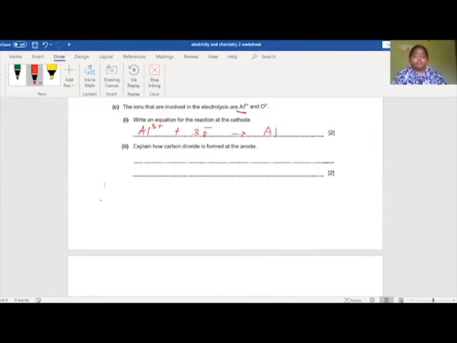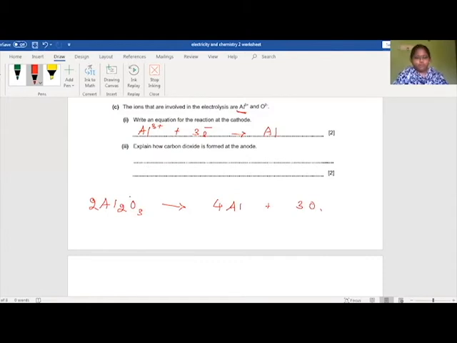So while balancing, if you know the overall equation, then you will not write like this. What is the overall equation? Aluminium oxide Al2O3 decomposes to aluminium ion and oxygen ion. There you get 4 aluminium because 2 Al2O3 leads to 4 aluminium and 3 O2.